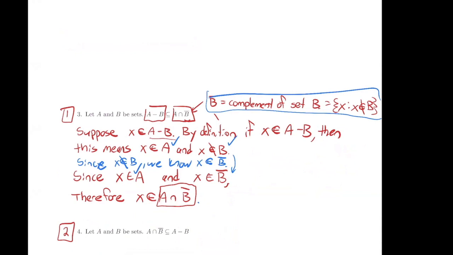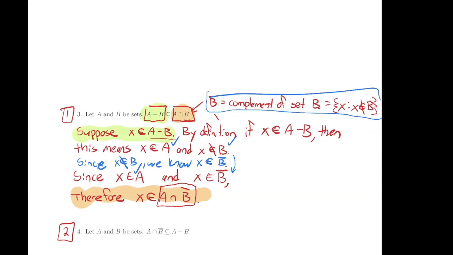The gist is you start by assuming we've got something in there, and then in the end, what we're hoping to show is that it has to be in there. We start by supposing it's in the set on the left, and then we want to show that it has to be in the set on the right.